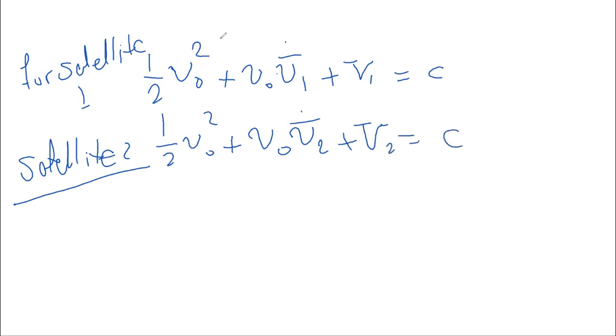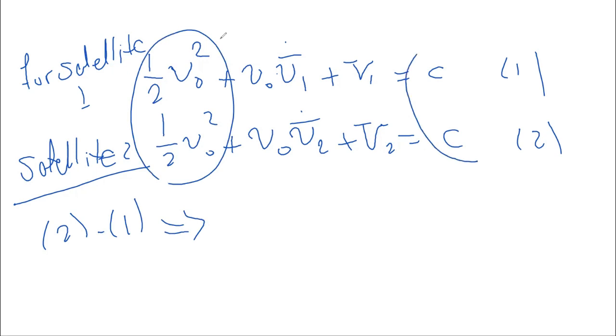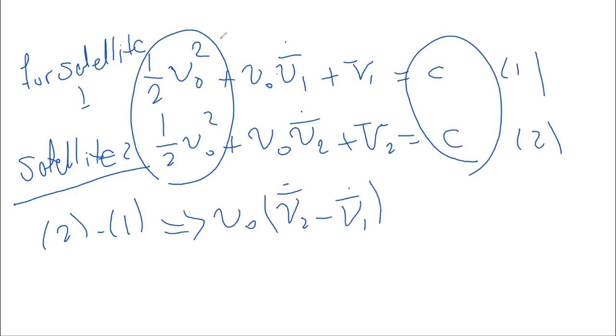Now I subtract these two. I will write the second equation, for satellite 2, minus the first. Then this term is constant and this one is also constant. Then I can write V2 minus V1.